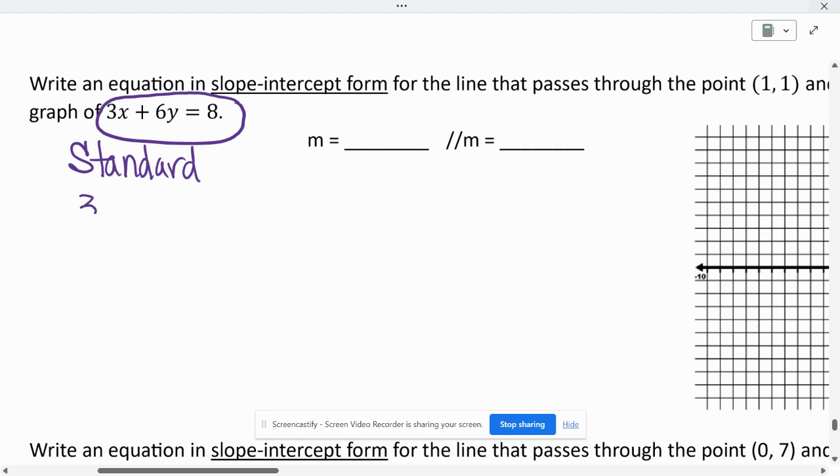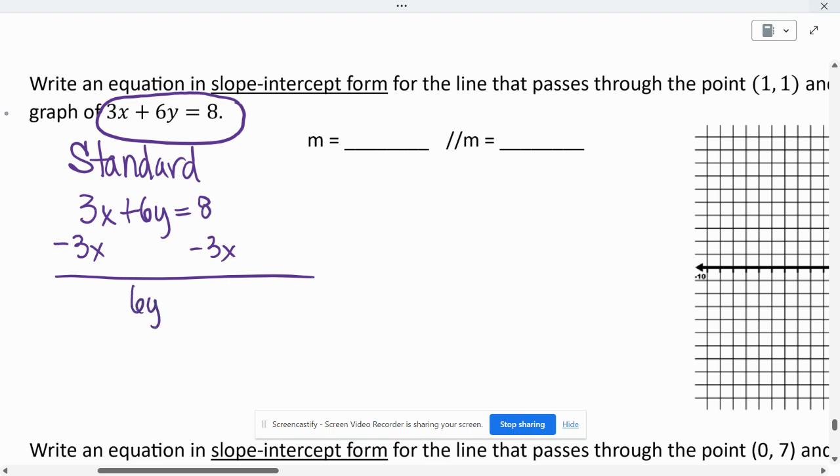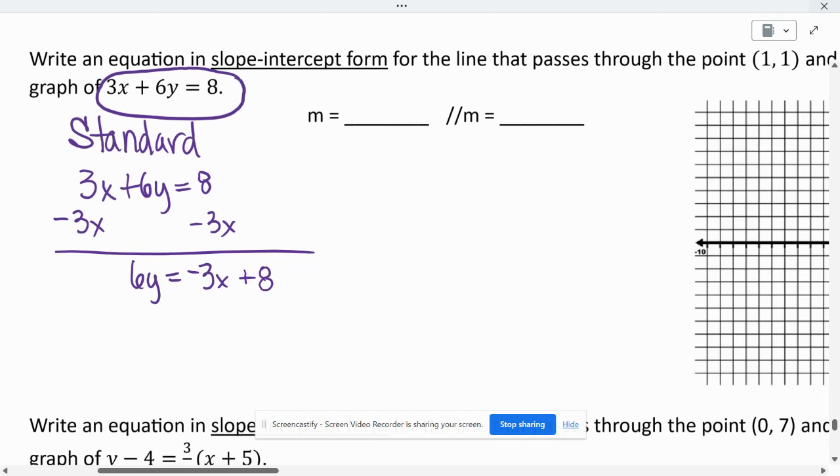So 3x plus 6y equals 8. I need to solve for y. What do I do first to get y all by itself? Subtract 3x. Yeah. So 6y equals negative 3x plus 8. Then what do I do? Yeah, divide everything by 6.